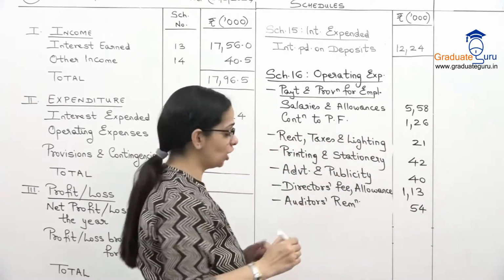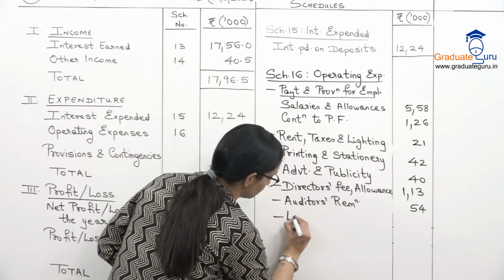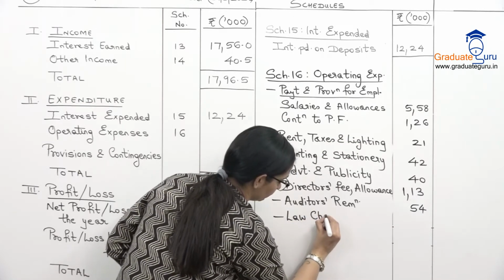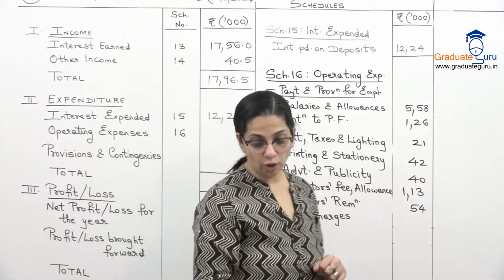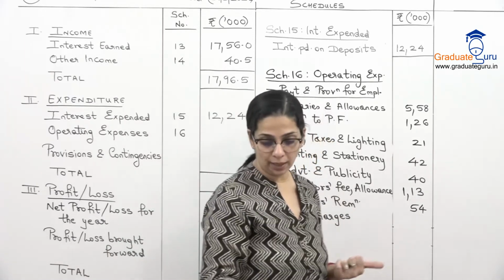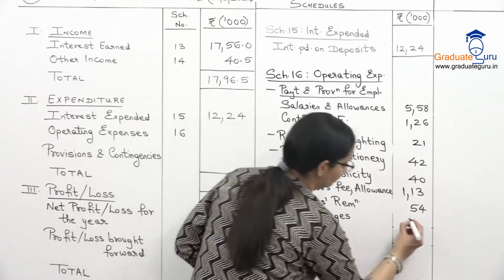Then we have law charges or legal charges. So we have lawyers' fees over here, जो कि यहाँ पे आएगा, which is 41.